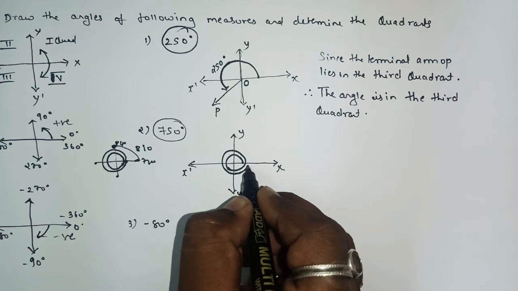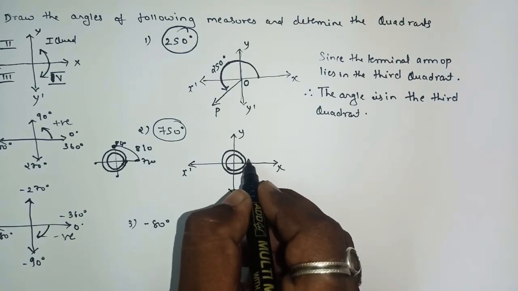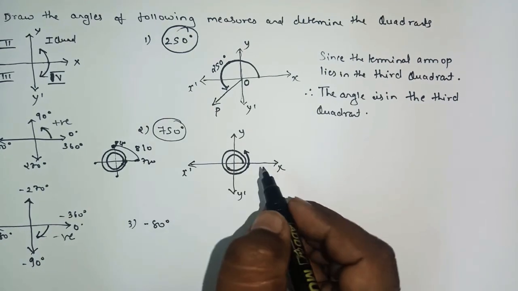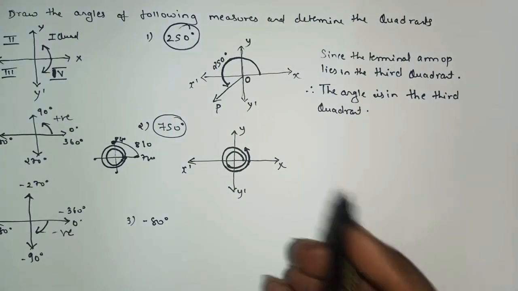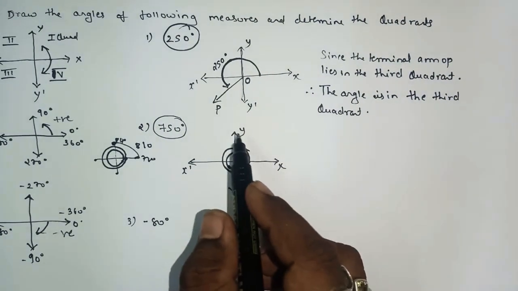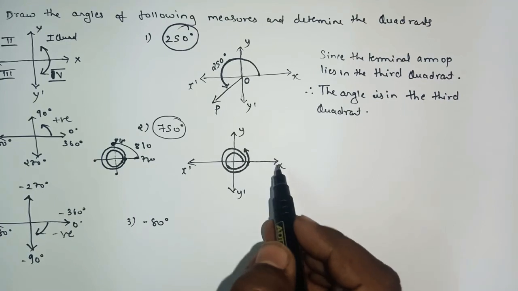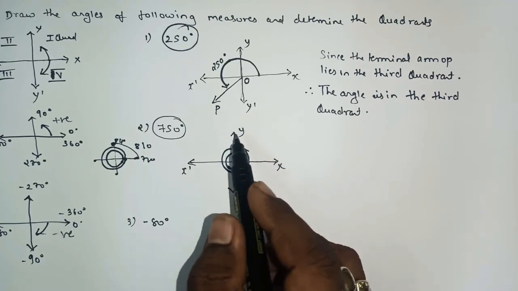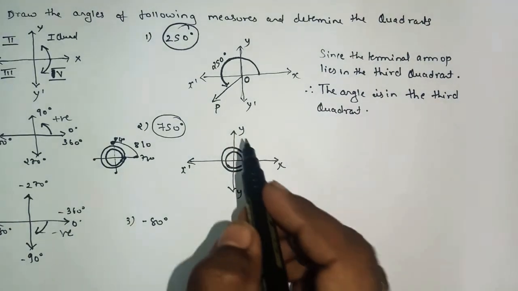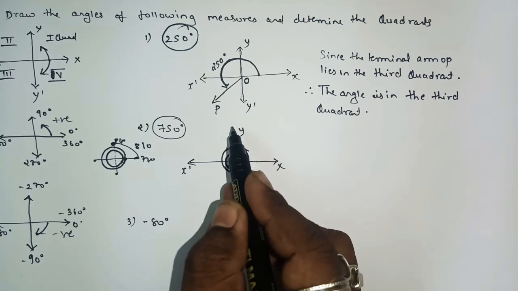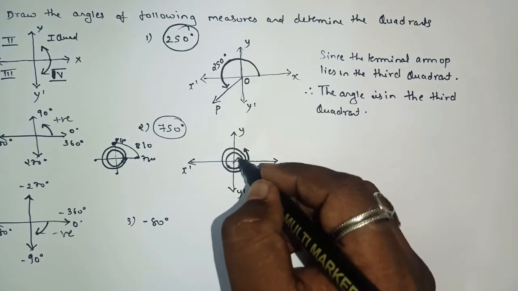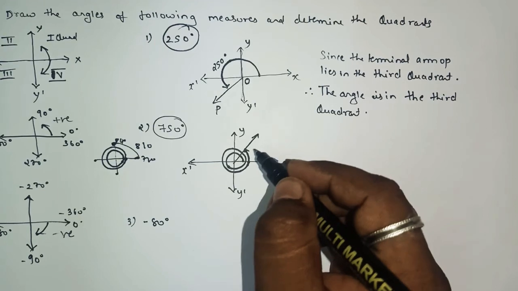Two means 720. If this is 720 degrees, the difference is 90 each time, so 720 plus 90 will make 810 degrees. So our angle will lie somewhere here.